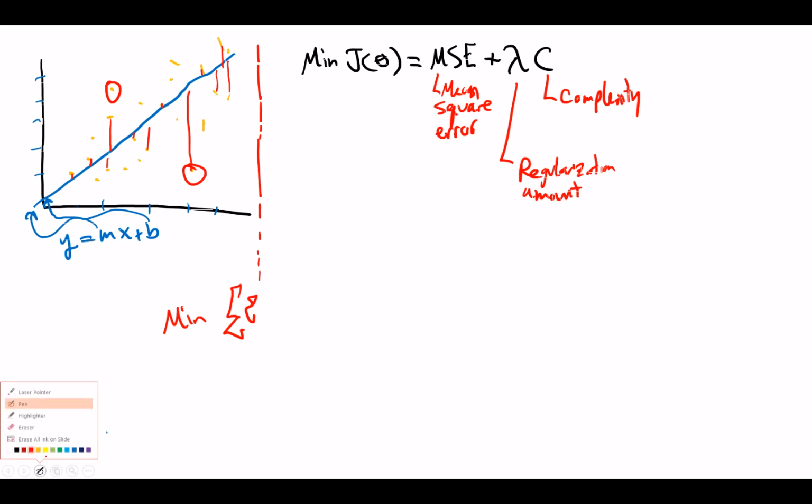Imagine if our line were, I'm going to use a color other than green, purple. If this was our line, then our error associated with that line would be very high because it would be very far away from all the points. So we'd see this point would be close, this point would be close, but what about this point? We're going to get a lot of error from that one point. And so the best fit line is right there, and we want to minimize the distance between those points.